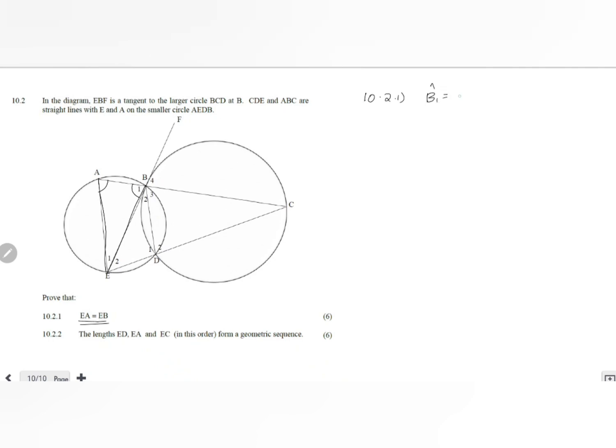Angle B1 is equal to angle B4. All of you know the reason. What is the reason? Vertically opposite angles.